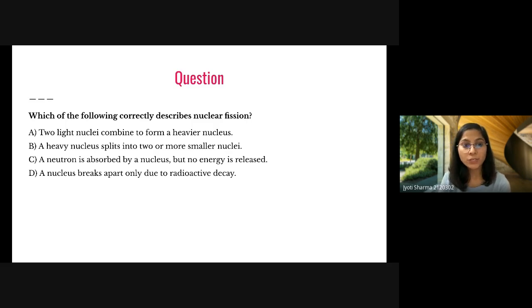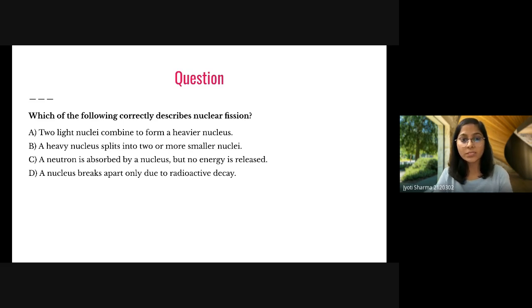I have four options. A, two light nuclei combine to form a heavier nucleus. B is a heavy nucleus splits into two or more smaller nuclei. C is a neutron is absorbed by the nucleus but no energy is released. And D is a nucleus breaks apart only due to radioactive decay.